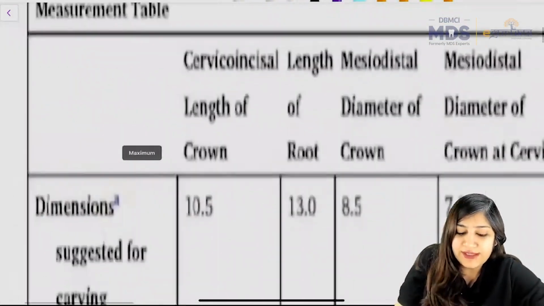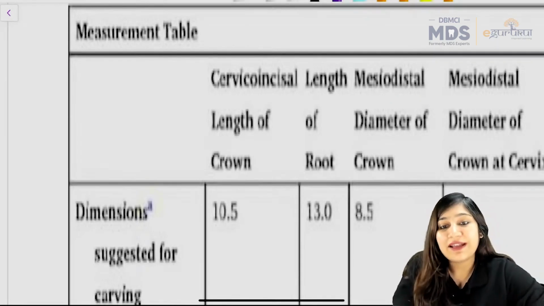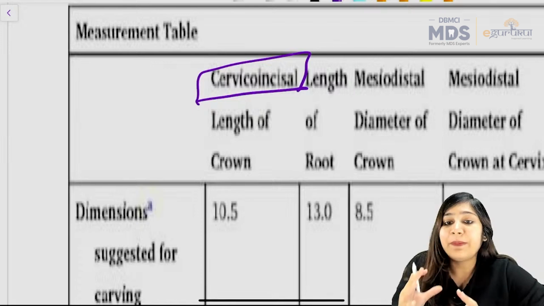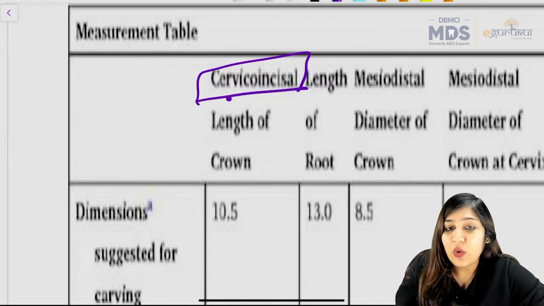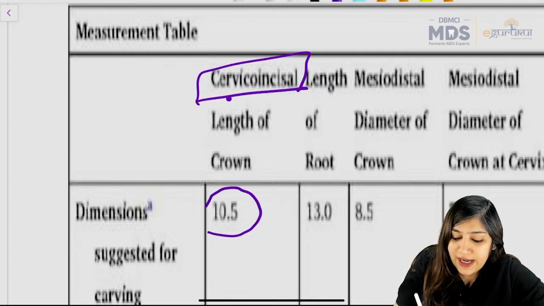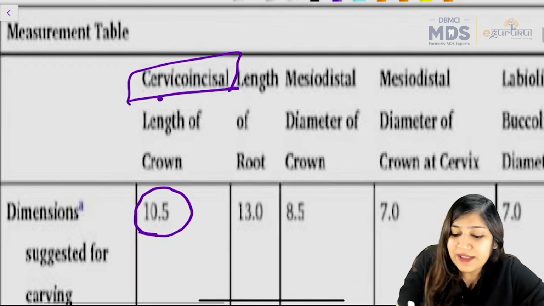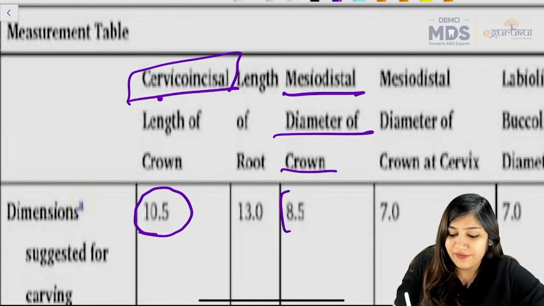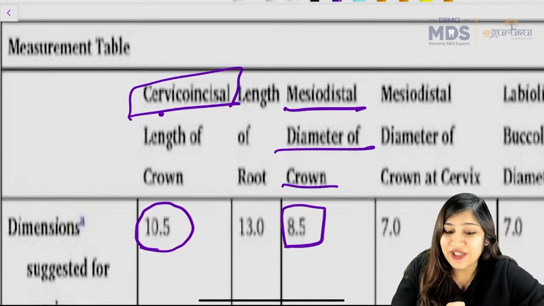So coming to the cervico-incisal length of the crown, which we used to study during our carving days, right? For carving, we used to mug up these measurements. So the cervico-incisal length of the crown is basically 10.5, and the mesiodistal diameter of the crown is 8.5. Here we can easily appreciate both the dimensions.